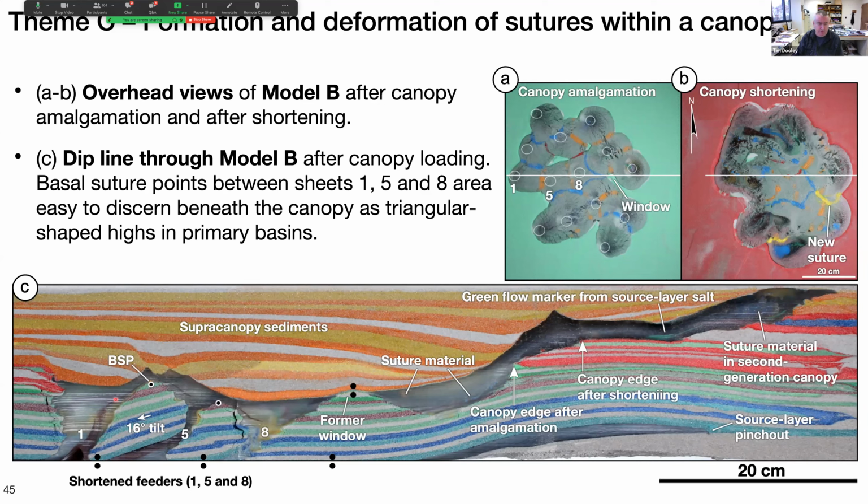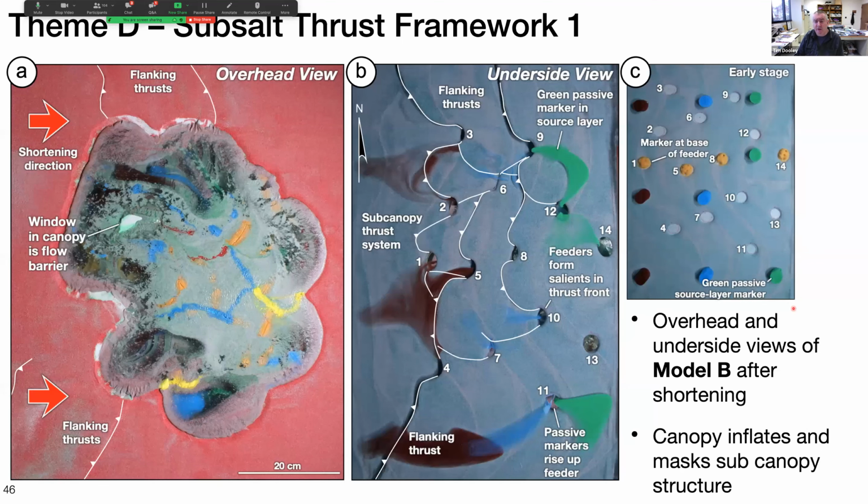So all sutures from here have been expelled all the way upwards, all along here and up into the edge of that system. I showed the overhead of model B at the end of the shortening earlier on.